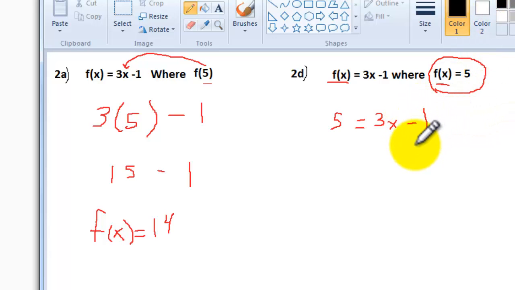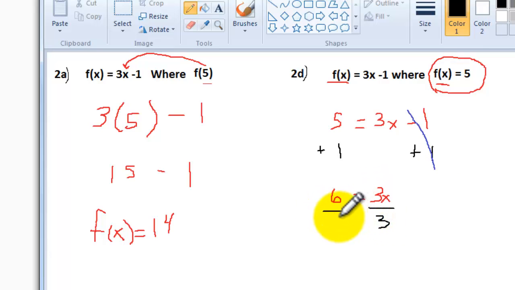We're going to add 1 to both sides, which will then give us 6 equals 3x. Because this goes away right here. Plus 1 minus 1 goes away. And then we're going to divide each side by 3 because 3 times x is multiplication. We do the opposite.